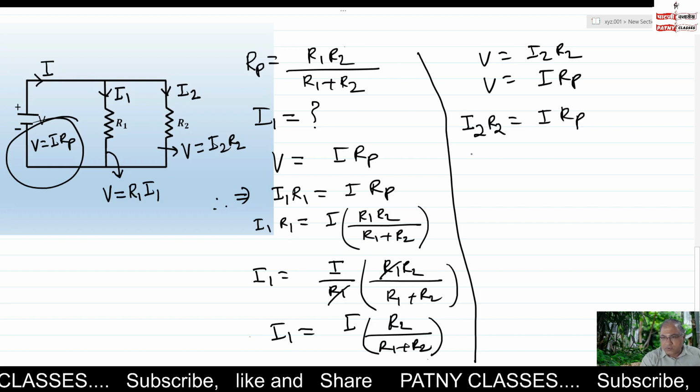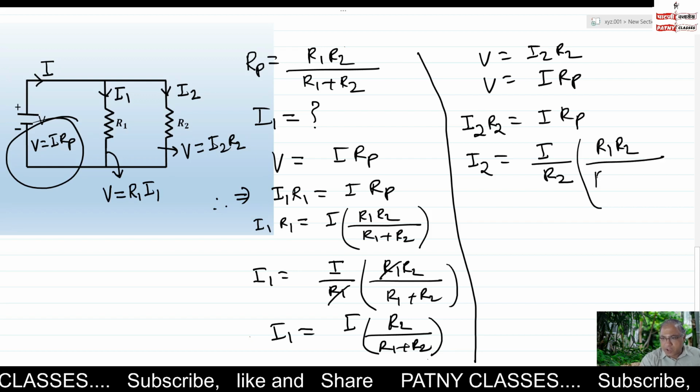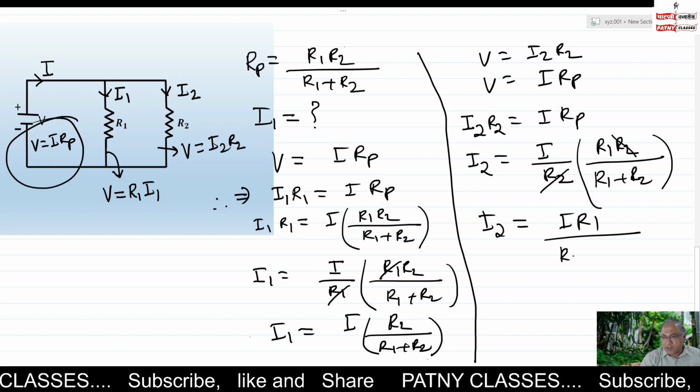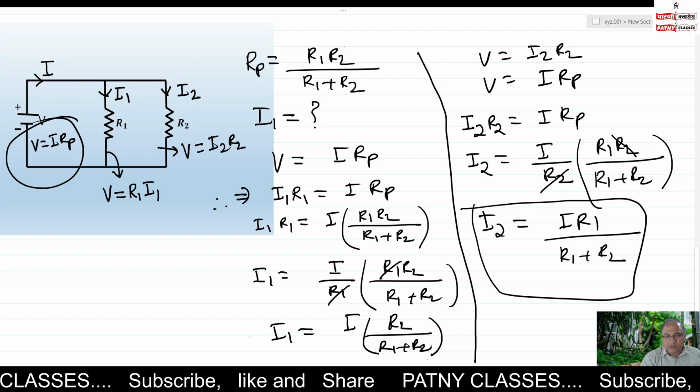Therefore I2 equals I upon R2 times Rp. What is the Rp value? Rp is R1 R2 upon R1 plus R2. R2 cancels, we get I2 equals I R1 upon R1 plus R2. So this is the expression for the current flowing through the resistor R2.